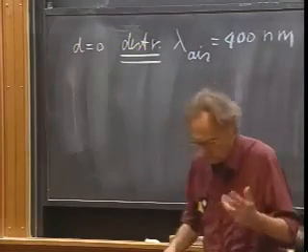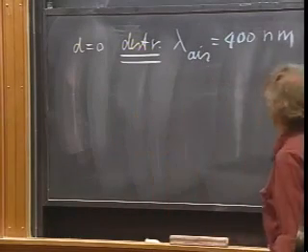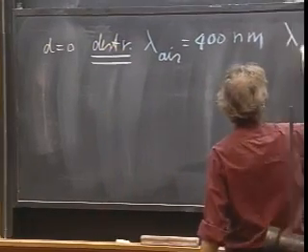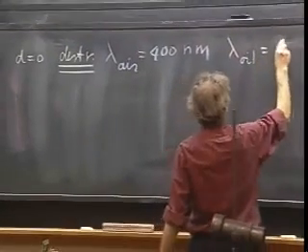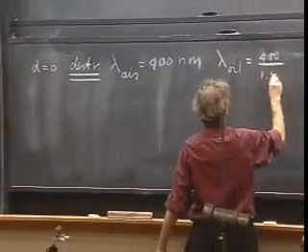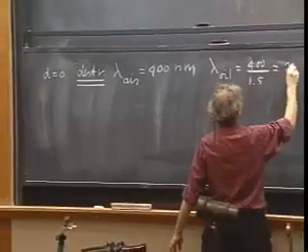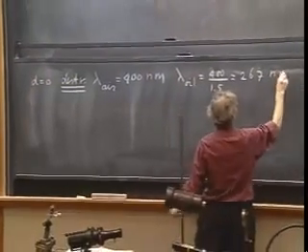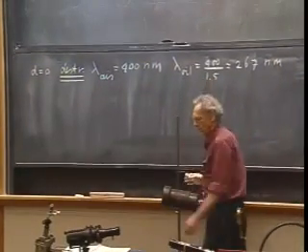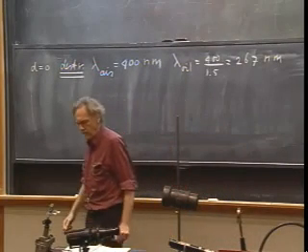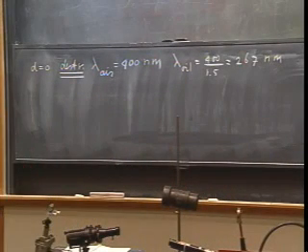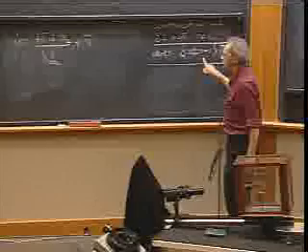That's my choice. So that means that my lambda in oil is 400 divided by 1.5, which is about 267 nanometers. And now I want to calculate for what thickness d I'm going to get destructive interference.